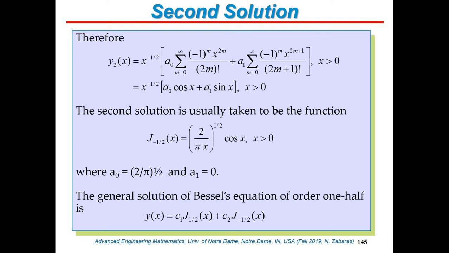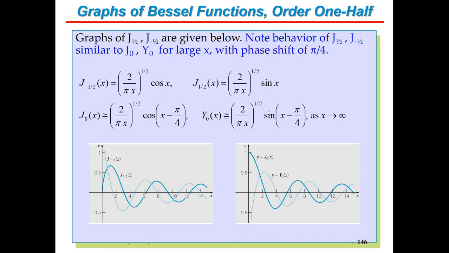Okay, so now if I plot these solutions, again, this is the J1/2, and this is the J minus 1/2. And again, the leading singularity is 1 over square root of x, cosine and sine of x.